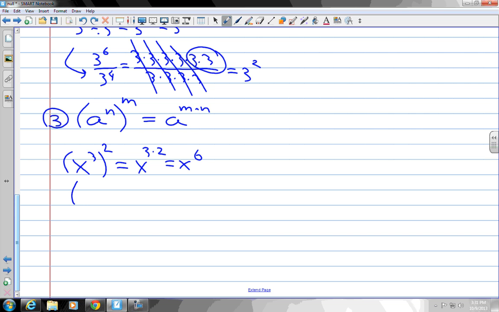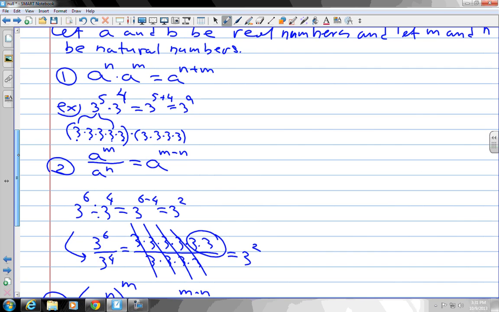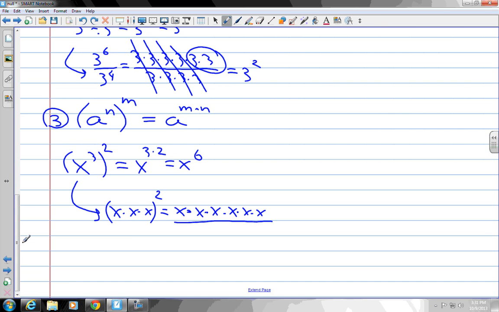But the reason why that works, if I write it all out, x cubed is x times x times x squared, like that. And square means multiply by itself. So this is x times x times x times itself, x times x times x. So total of 6. Right? Okay, so these are the reasons why we multiply in this case. So we have 1, 2, 3.